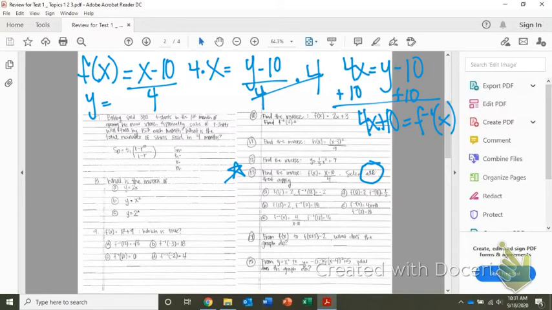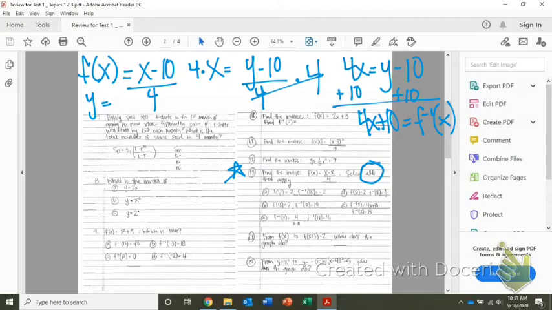Now, I want you to look at your choices. Two of the answers have other equations in them. C tells me that the inverse is 4 divided by x minus 10. Is that what we just got?